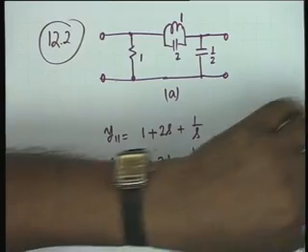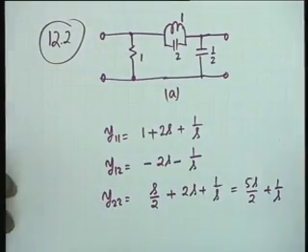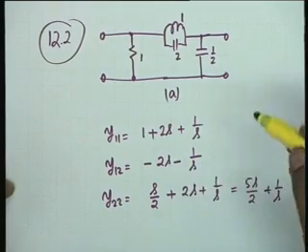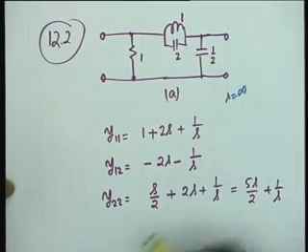Okay. Now, there are two poles, one at infinity and the other at the origin.